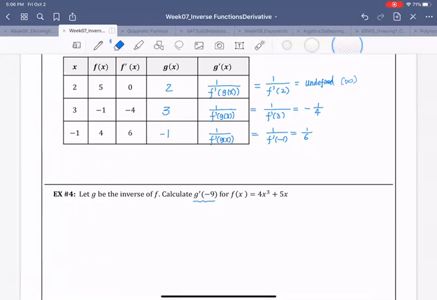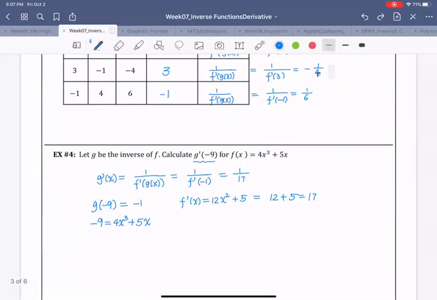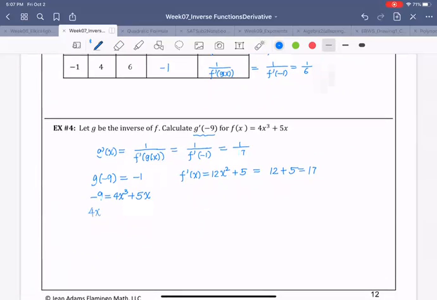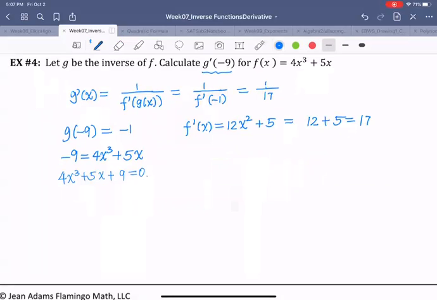Okay. I guess I can work with that. Am I supposed to flip the x and y for f of x to find what g of x is, and then plug it in?